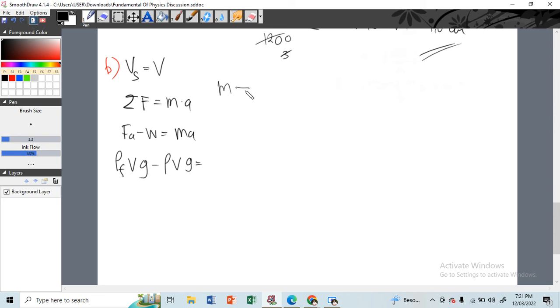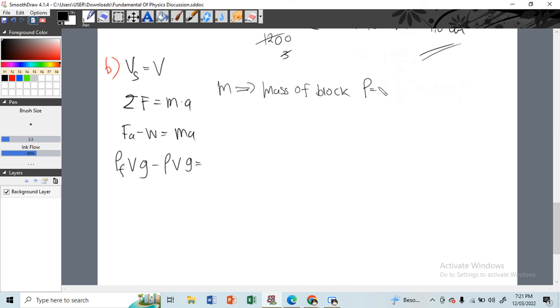Don't forget m here. This m is the mass of the block.